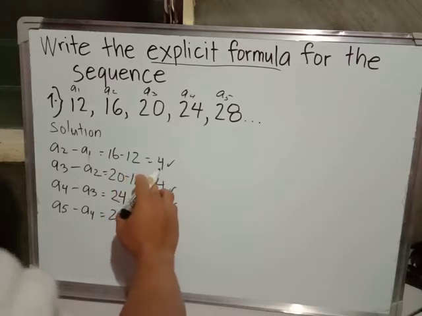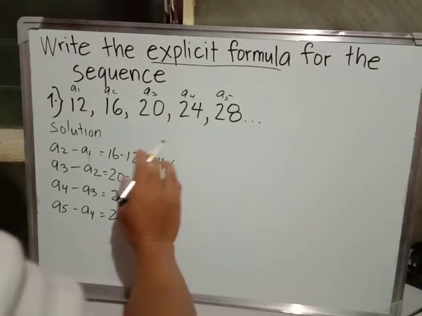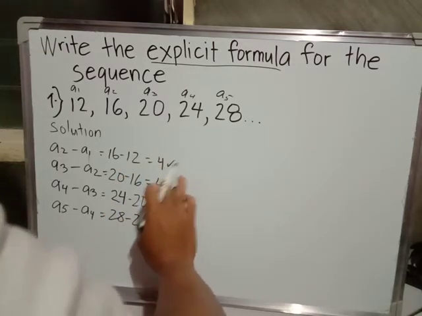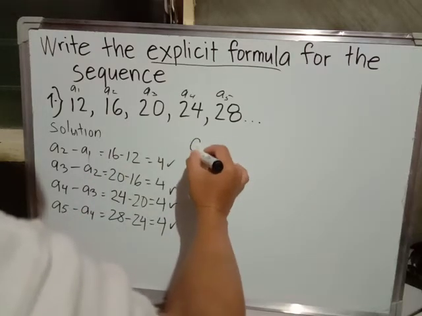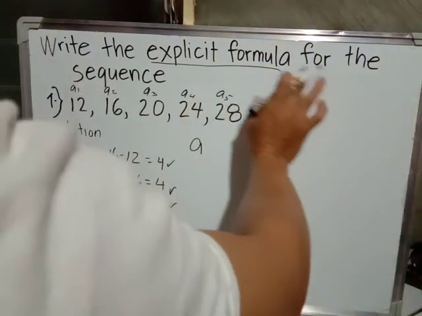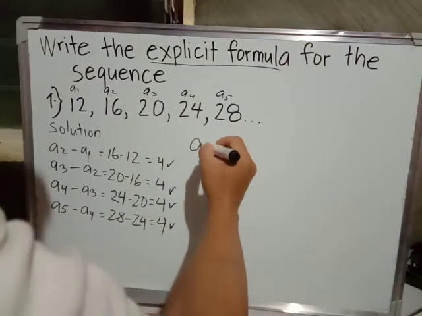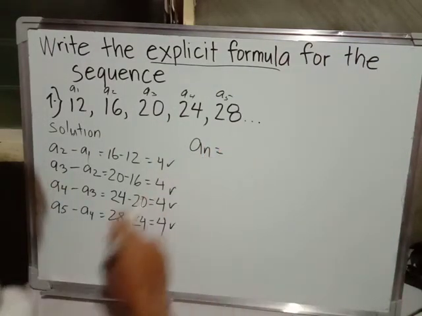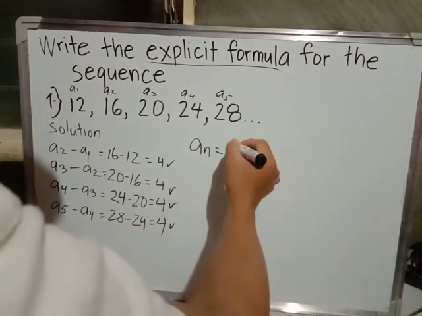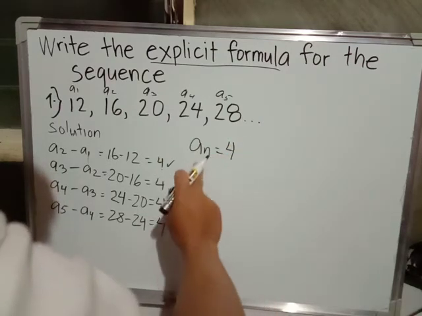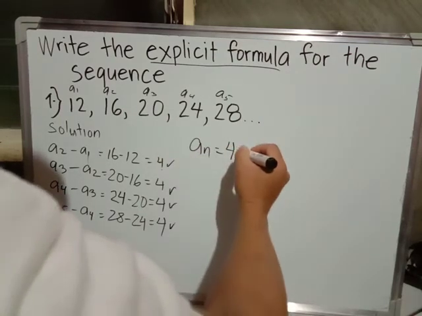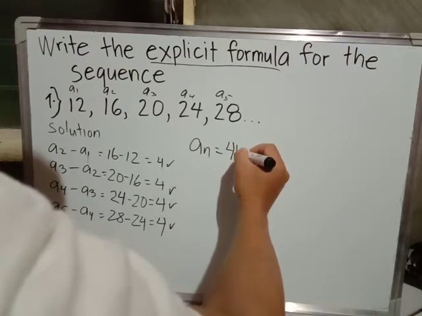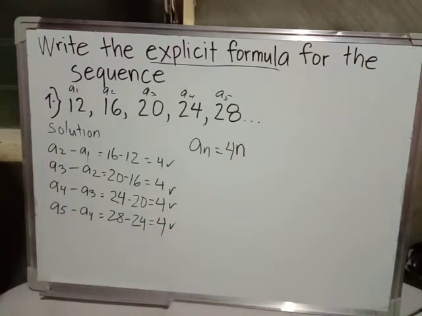Since 4 is our common difference, we can write En, meaning the next term, which can be E6 or E7 and so on, as 4 times n.